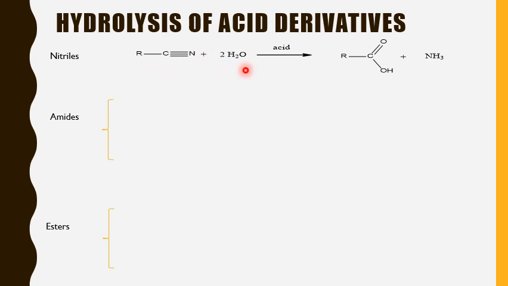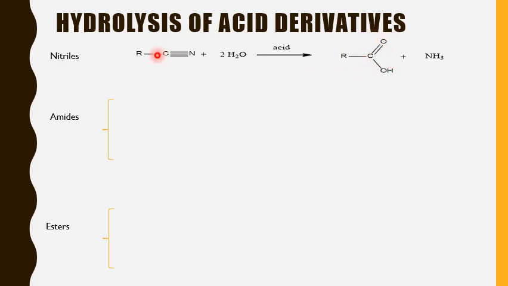If you observe here, the RCN, the cyano group, consumes 2 moles of water molecules in the presence of acid, which acts as a catalyst here. These 2 moles of water are consumed by the cyano group and result in the formation of RCOOH. You can observe the R remains the same, and the C of the cyano group is converted into COOH.